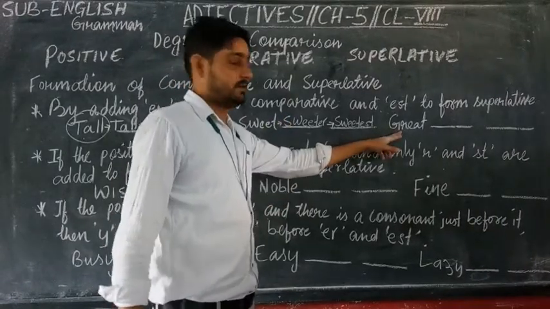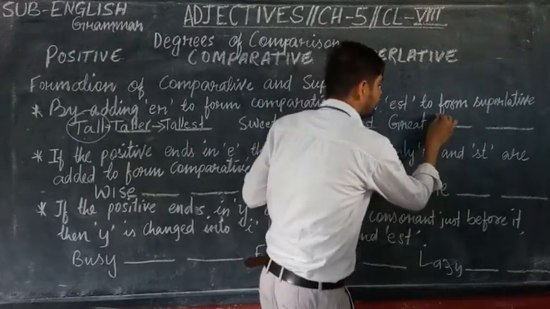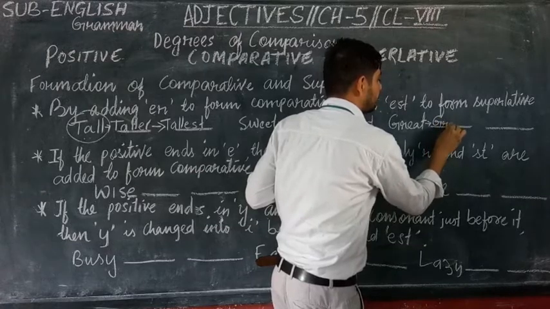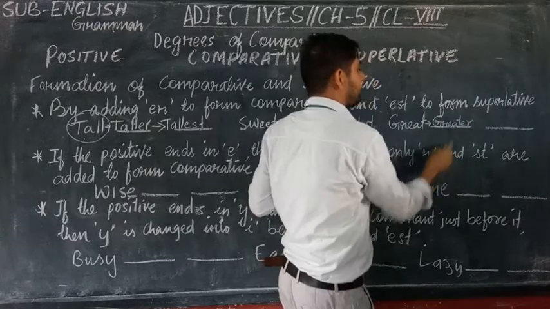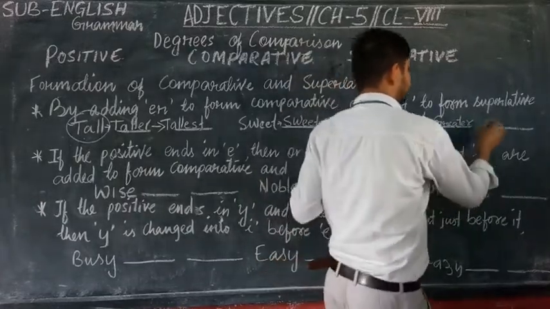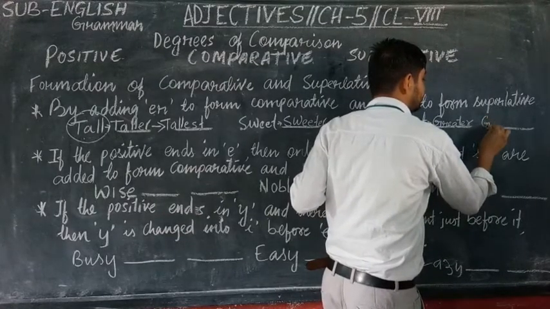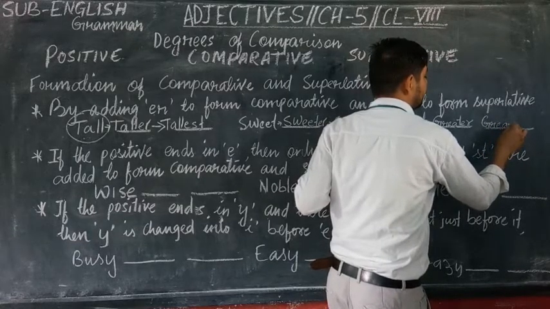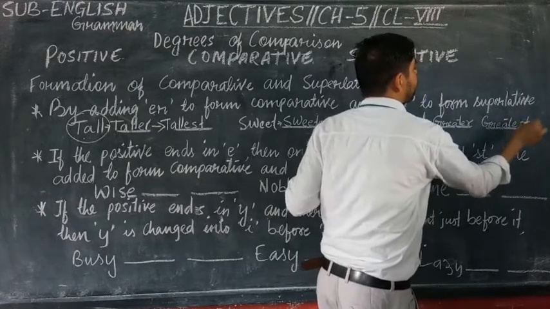Now another example: great. Great, then greater, by adding only er. Great, greater. This is comparative, not superlative. G R E A T E S T, greatest.